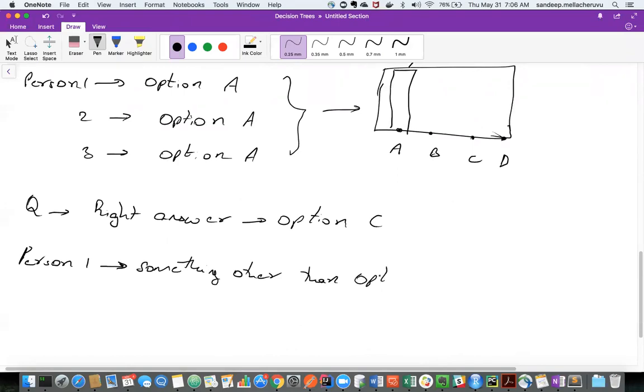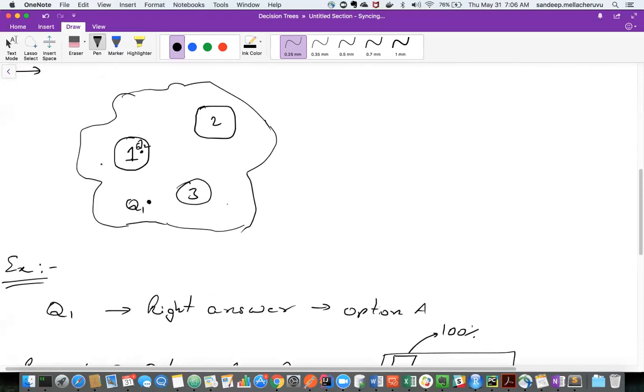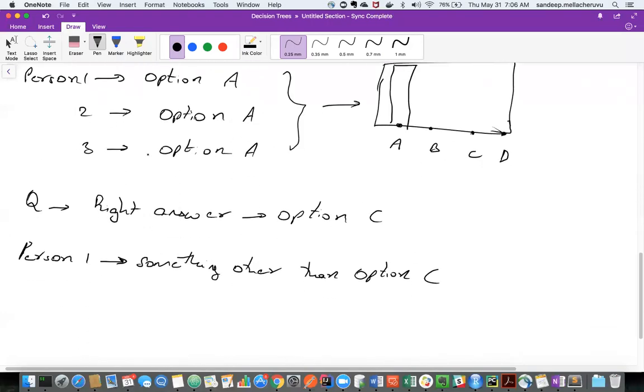He's not going to answer it correctly because this question is in his sphere of ignorance, or circle of ignorance. He cannot answer that. He is ignorant of that question at all. What about person 2?